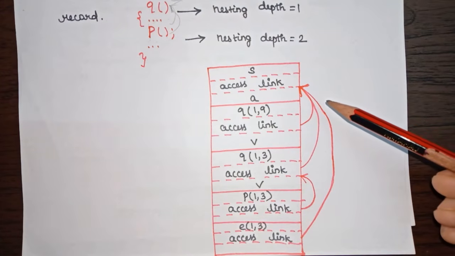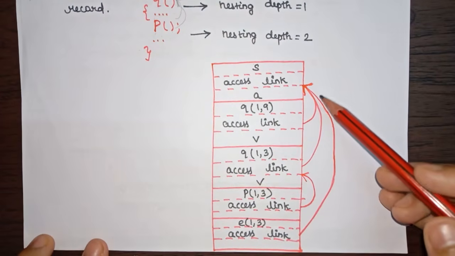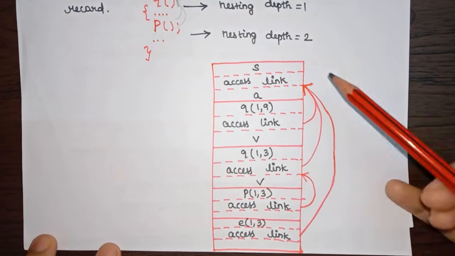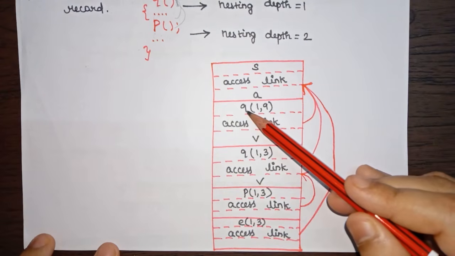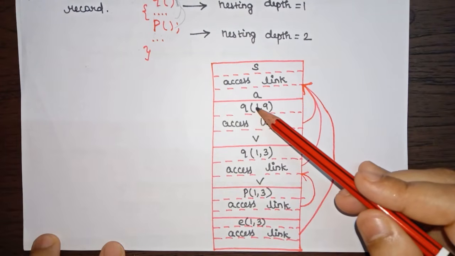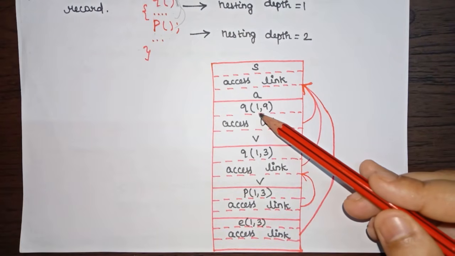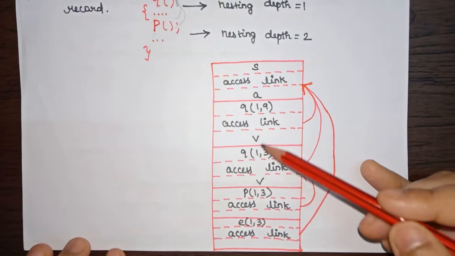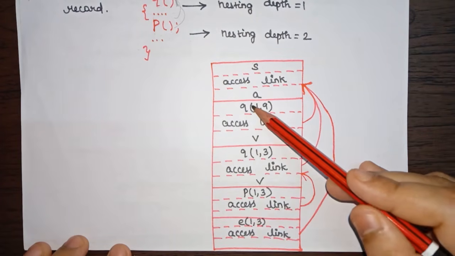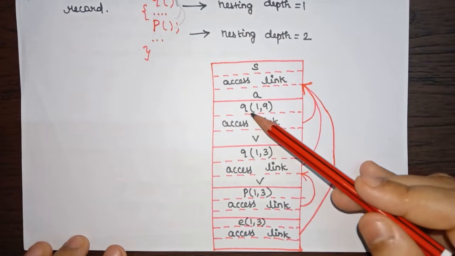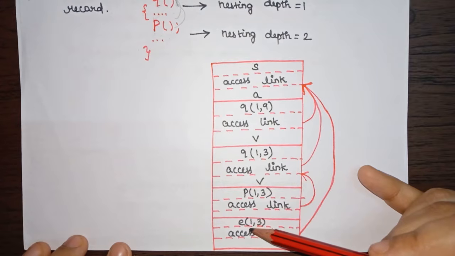This is the stack which contains the activation records of procedures, and it starts from the procedure S. We are taking the same ML example that we have seen for quicksort, and the names of the procedures are abbreviated: Q for quicksort, and E for exchange.